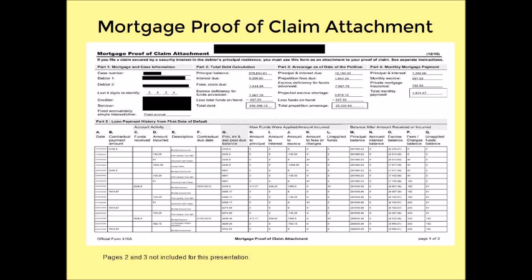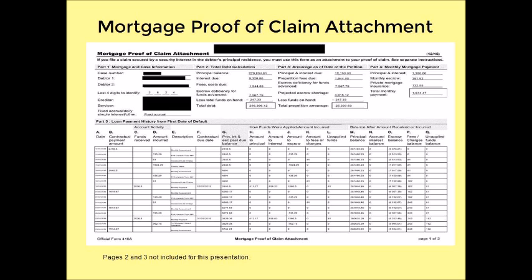The daily simple interest one is going to be used for HELOCs. The fixed accrual is a little bit confusing because you would think that an ARM would not be fixed, but for purposes of this, I believe they're determining that fixed accrual is a standard type of mortgage. That's the first mortgage on the property.